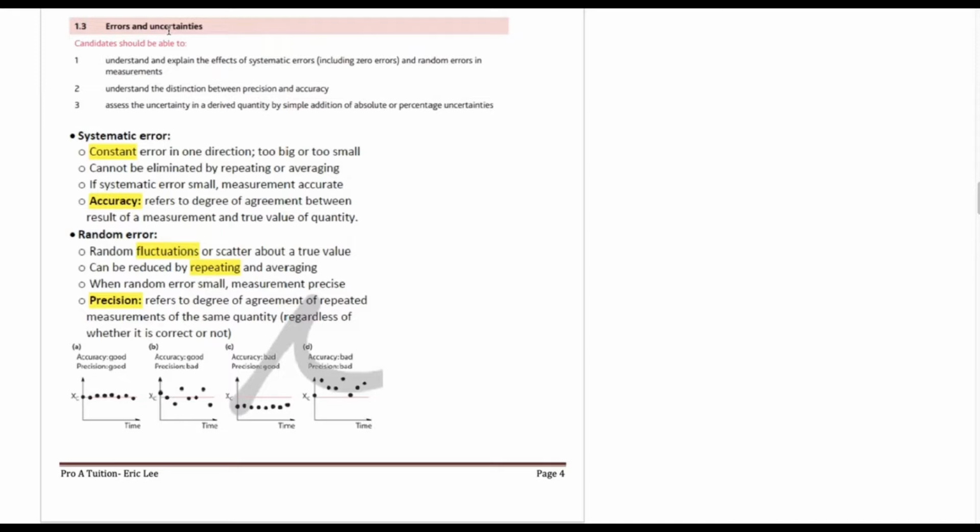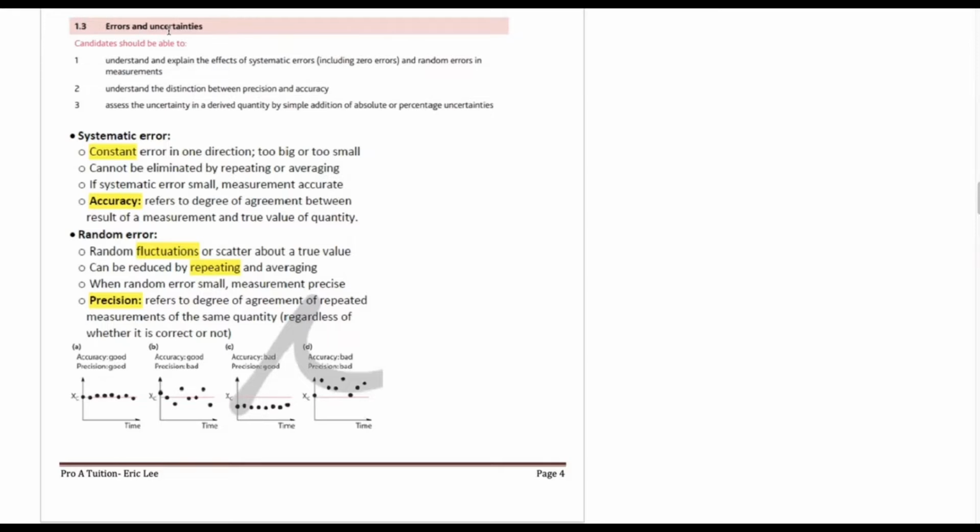Random fluctuation or scatter about the true value can be reduced by repeating and averaging. Imagine it's sometimes too big, sometimes too small from the true value. If you do it a few times and find the average, then the random error is overcome. That's why they say it can be reduced by repeating and averaging. When random error is small, measurement is precise.